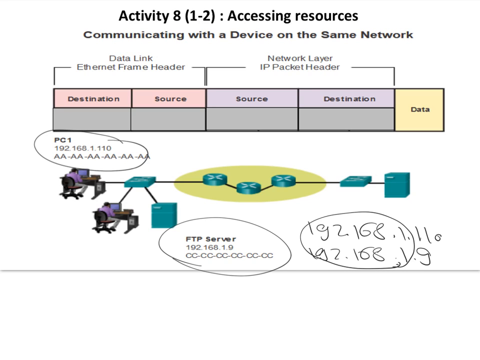ARP is the Address Resolution Protocol. We'll talk about the details of that protocol in the next chapter. So the ARP request is sent as a broadcast. I will say, please, who has the physical address of that IP address? This is to all the devices on the LAN. Broadcast on the LAN, not on the internet.